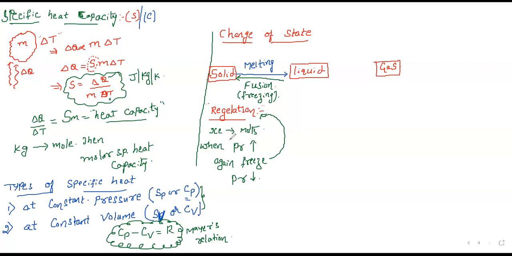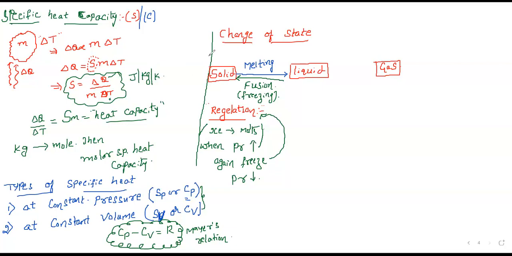So the pressure is going to increase, ice starts melting. It can freeze again if you decrease the pressure. That process is called regelation. So regelation is just freezing the ice by decreasing the pressure.